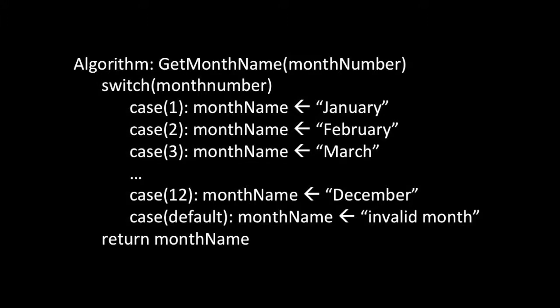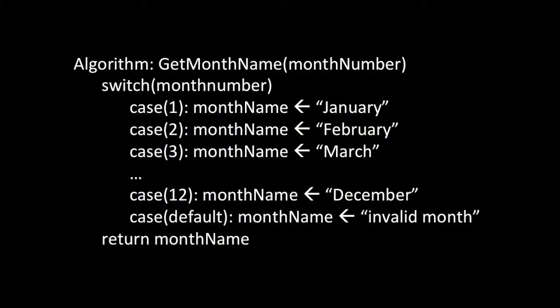If month number is equal to 1, that's the case where month number is equal to 1, and so we'll assign the string January to the variable month name. If the value for the month number is 2, that will be case 2, and we'll assign February to month name, and so forth.